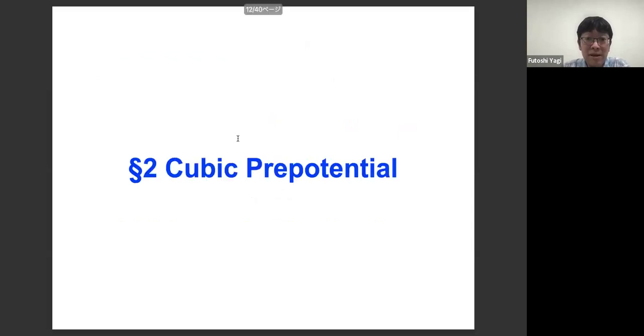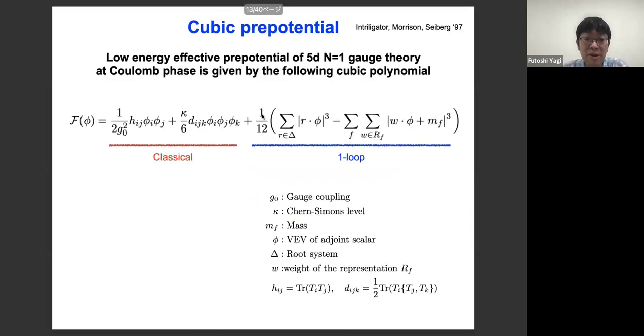So let me first compare at the level of cubic prepotential. The cubic prepotential is discussed in Morrison-Seiberg's paper. This is the low energy effective prepotential of 5-dimensional N=1 gauge theory at the Coulomb phase.